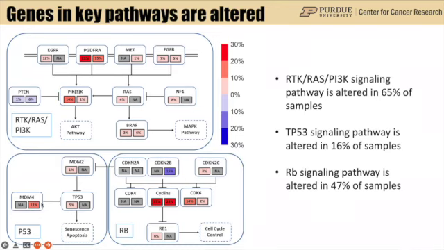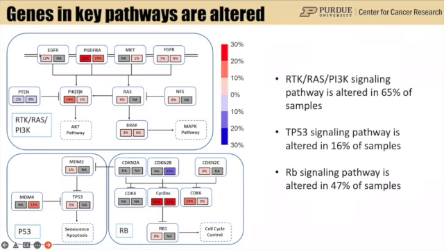And less so in TP53, so 16% of samples have an alteration in the P53 pathway, and 47% have an alteration in the RB signaling pathway. And so here we have the genes that are in these sort of canonical pathways that we've modeled off the TCGA analysis.